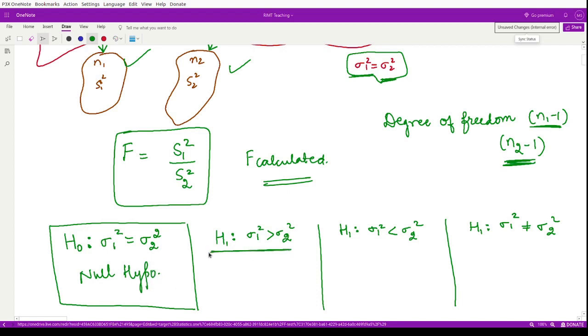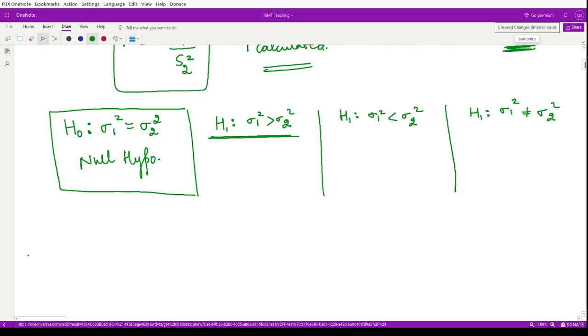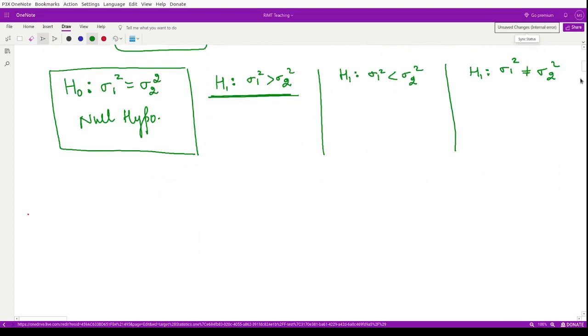For this alternative hypothesis, how do we perform this F test, and how do we obtain the tabulated value, whether it is a one-tailed test or a two-tailed test? In the first case, where the variance of the first sample is greater than the variance of the second sample, we compute our F using the statistic s1 square by s2 square, and this is your calculated value.